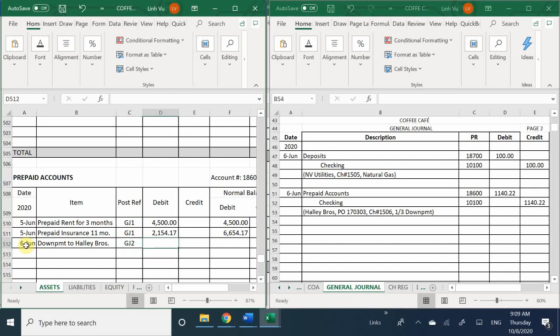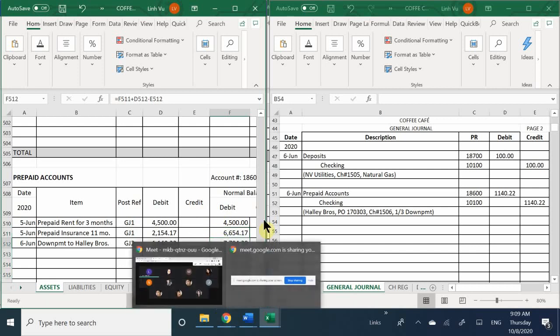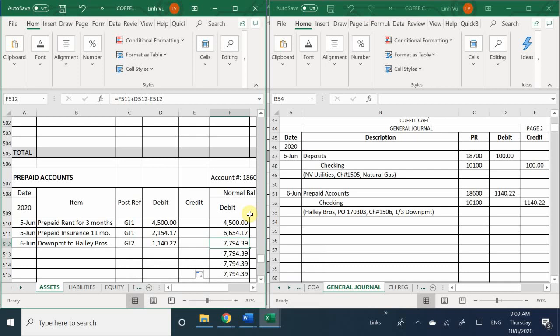Because I increased my prepaid accounts by 1,140.22, if I pull down my formula or copy it down using my autofill tool, it should automatically raise my deposits to a total of $7,794.39.